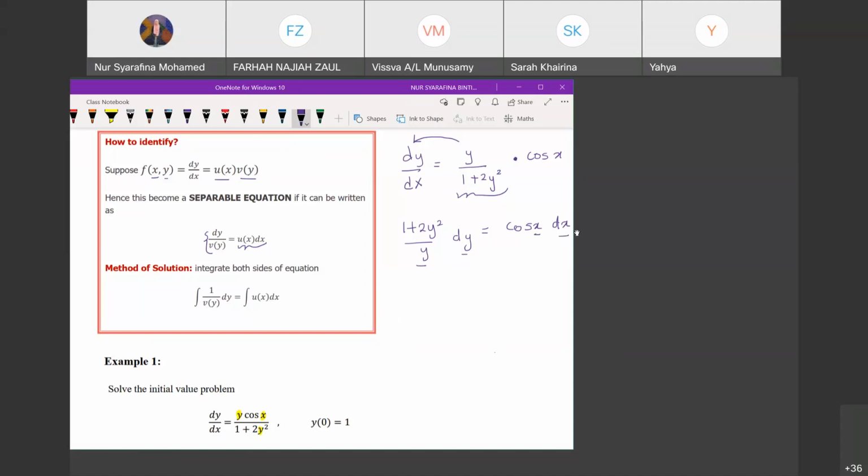A function of x is together with dx. Now it is separated, so you can find the solution by integrating both sides of the equation. This one integrate with respect to y, this one integrate with respect to x. Okay? Clear?